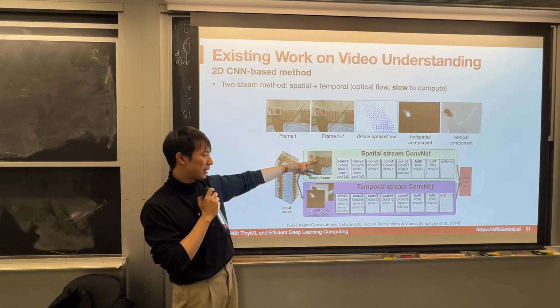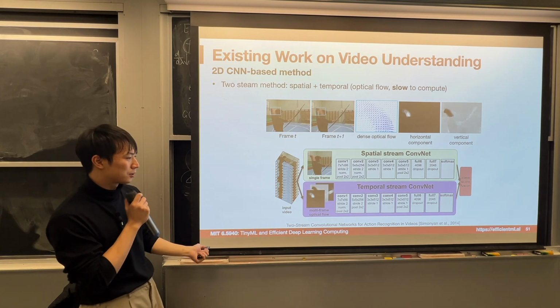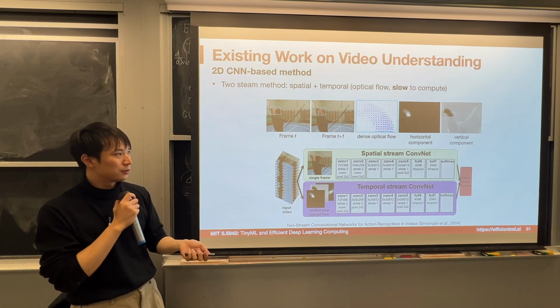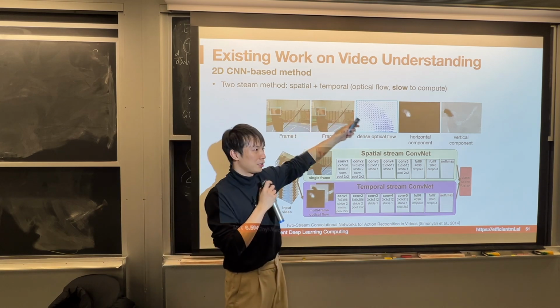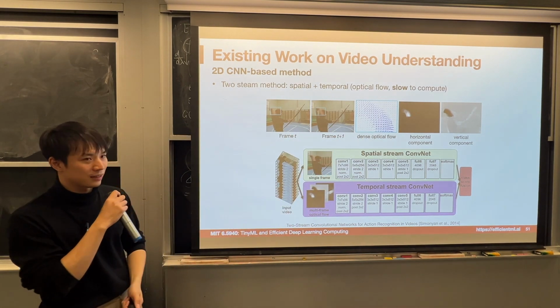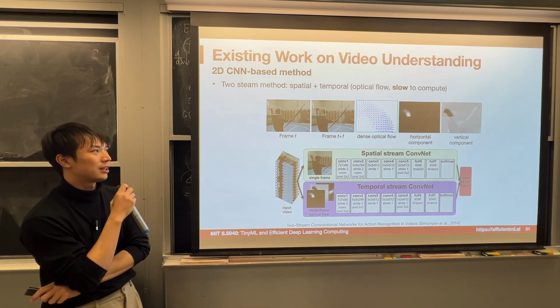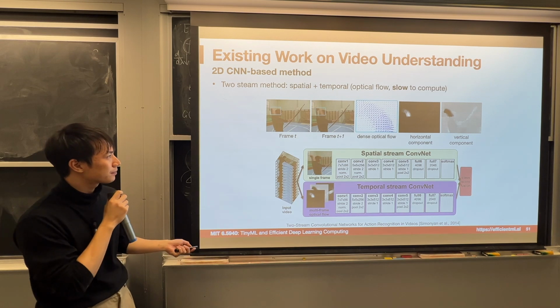So this is for spatial reasoning, this is for temporal reasoning. It allows you to still use 2D CNNs, but take into consideration the temporal information. But the problem is that the optical flow is super slow to compute. It's usually orders of magnitude slower than the ConvNet backbone. So it's not really going to work for the sake of efficiency.